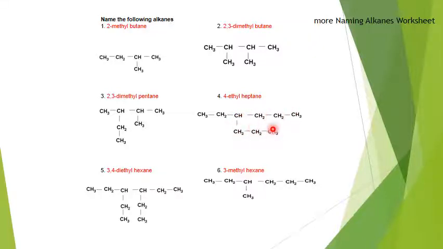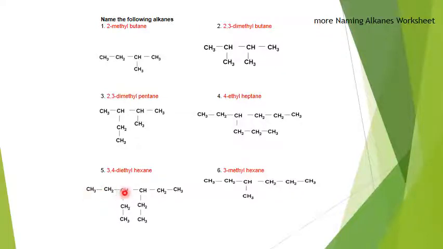So turns out this is going to give you the longest chain. 1, 2, 3, 4, 5, 6, 7. If you go straight across, it's 6. So here's the longest chain, so it's a heptane, and you got this hanging off of it. Okay, either direction, if you start here, 1, 2, 3, 4, or if you start here, 1, 2, 3, 4. So both directions will give you 4-ethylheptane.